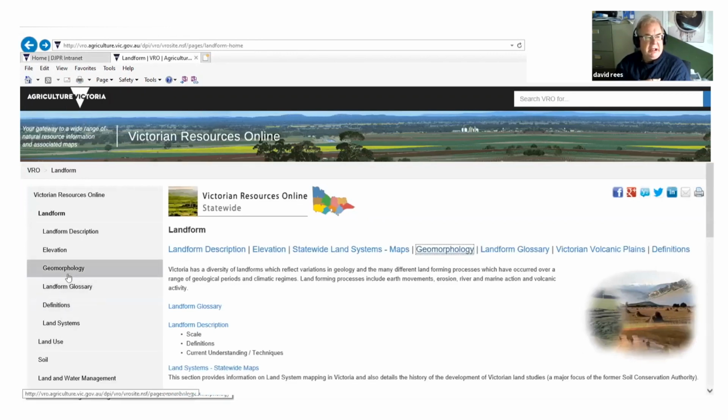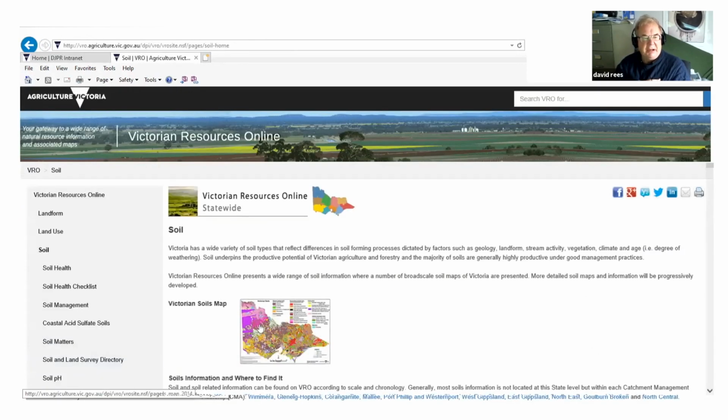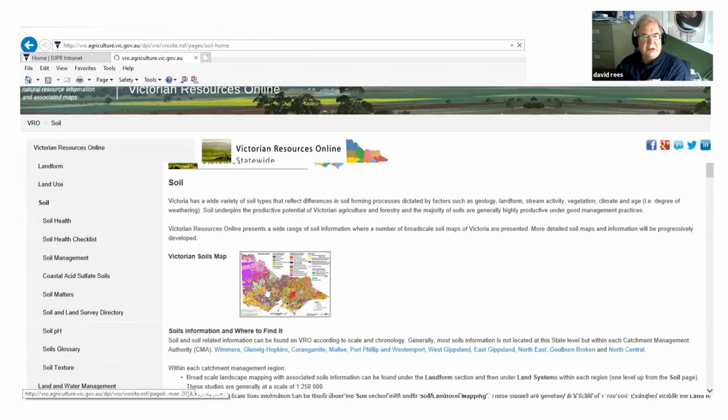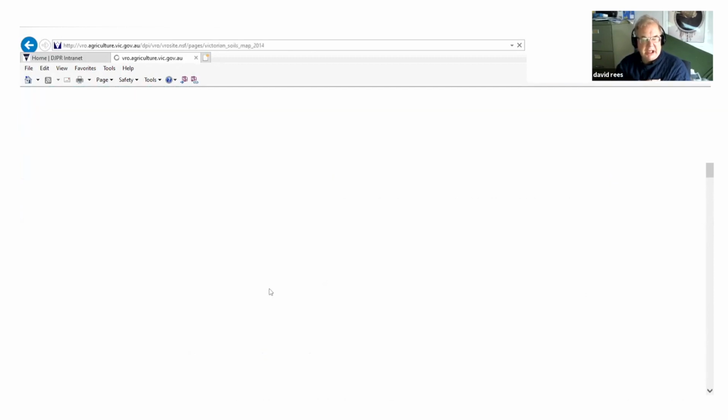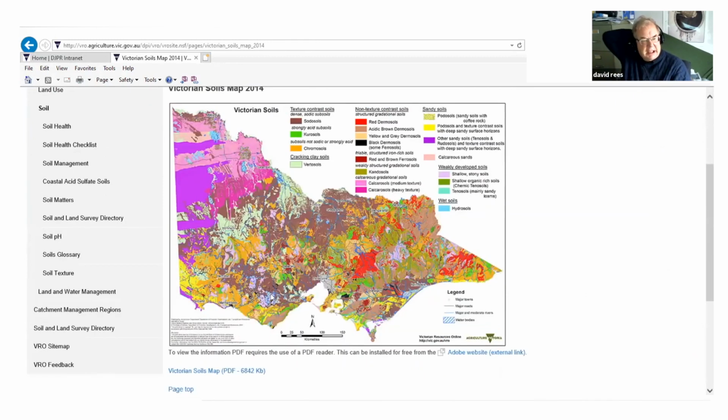If we go straight back to soils at the broad level, at the statewide level, we have a soils map, which was stitched together by Mark Imhoff and myself about 7 years ago, and that gives you an overview of looking specifically at soils.